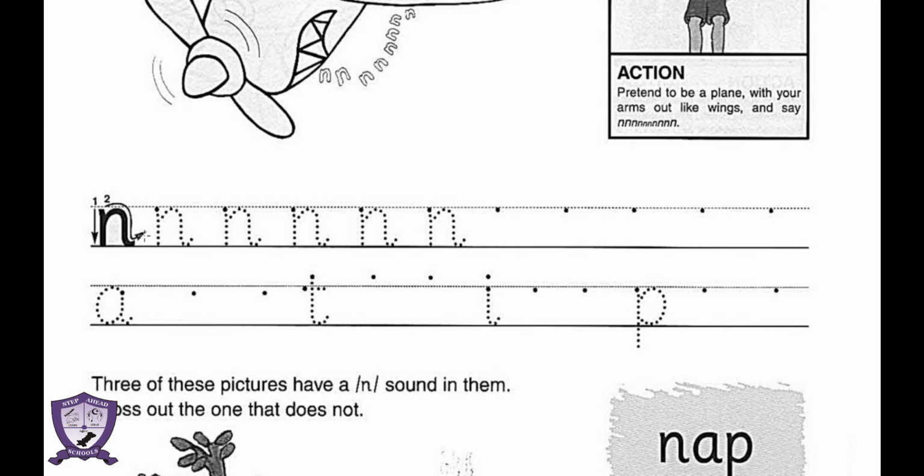There are two ways, whichever is convenient for you. Make a nice line over here. You can either go upwards right from there, or there is another way that you make a line first over here, number 1, and for number 2, start from here and make the N, like this. Both ways are correct, but your letter should be like this.